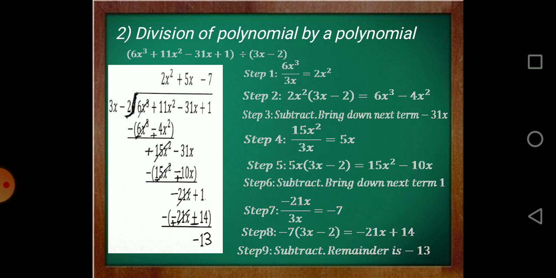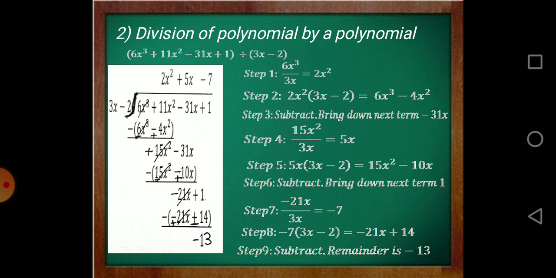First, the highest degree term of the dividend is divided by the highest degree term of the divisor. 6x cube by 3x, which gives 2x square. Now this 2x square is multiplied by the divisor 3x minus 2.